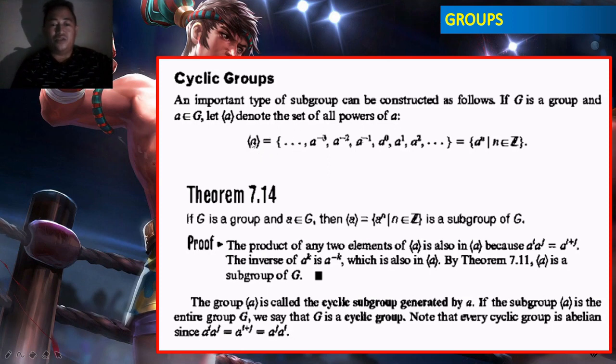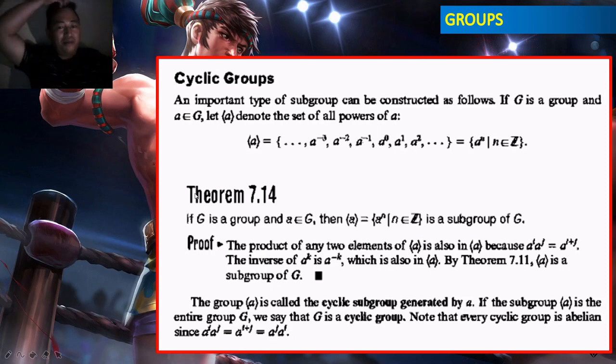This is called the cyclic subgroup generated by a. So the set generated by a is a^n such that n is an element of Z. The exponent can be negative, 0, 1, 2, and so on.